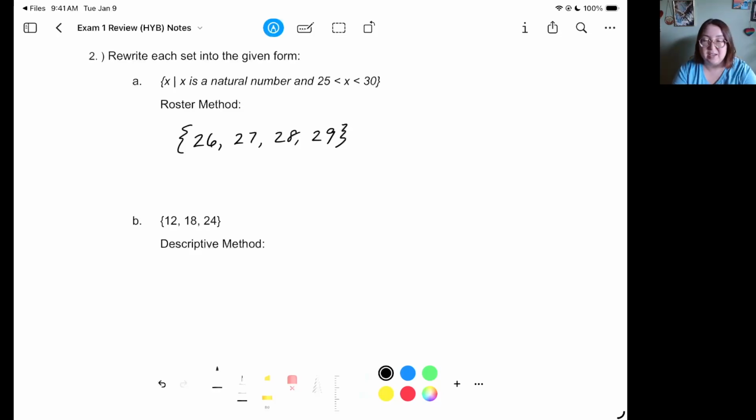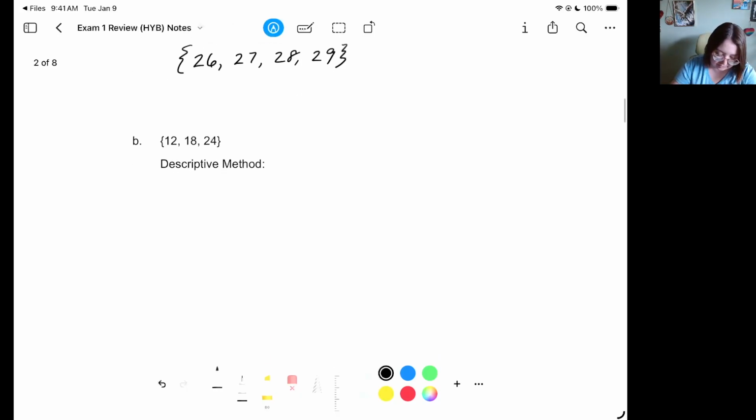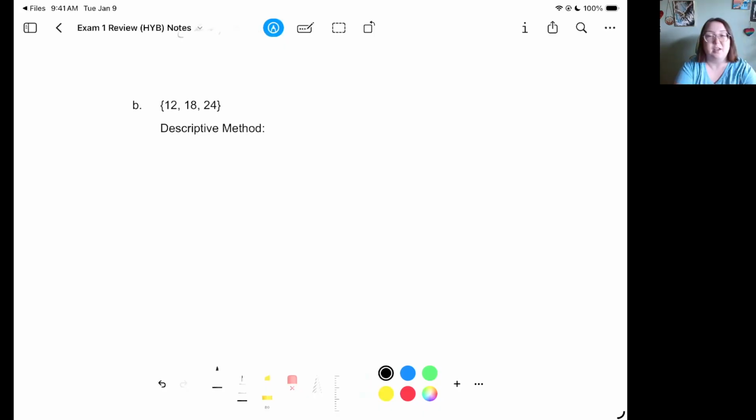All right. Now for B, we have roster method. It's 12, 18, and 24. Now we want to try to rewrite this as the descriptive method. So we're going to try to describe what we see going on here. So we're going to scroll down a little bit here. So we look at 12, 18, 24.